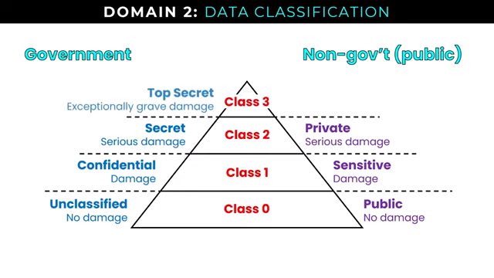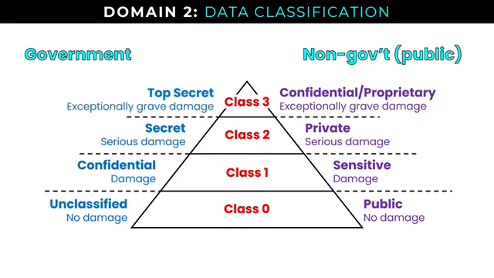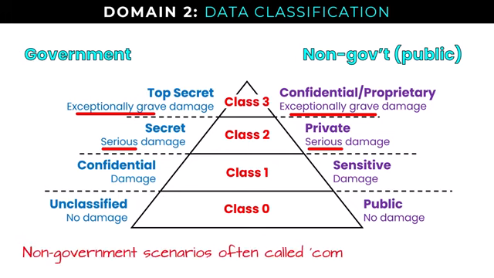And then at the highest level of classification, we have top secret and confidential or proprietary. And we see some common terms here, right? We see serious damage at the secret level/private level, and then for top secret or confidential, we see exceptionally grave. And non-government scenarios are often called commercial or public.